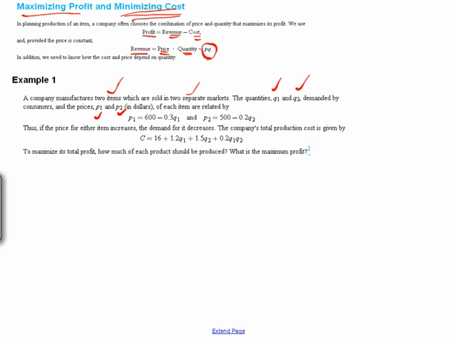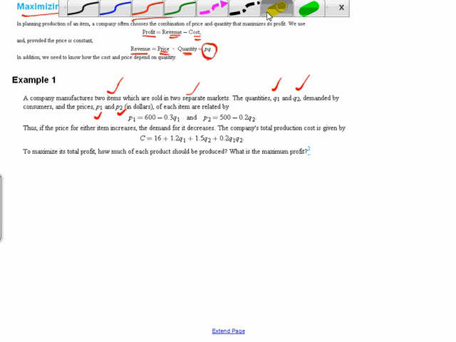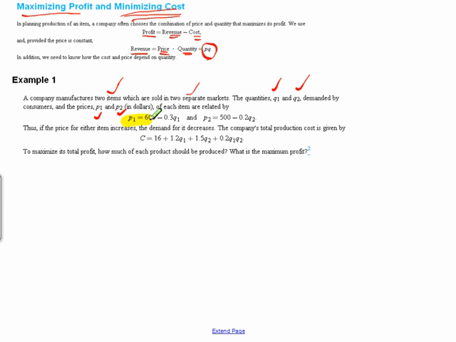Okay, so we're given an equation that relates my price of object one and the quantity that is demanded. So as price goes up, the quantity demanded will go down. And here's price of 2, how it relates to the quantity sold. And then we're given an equation that finds the company's total production cost.